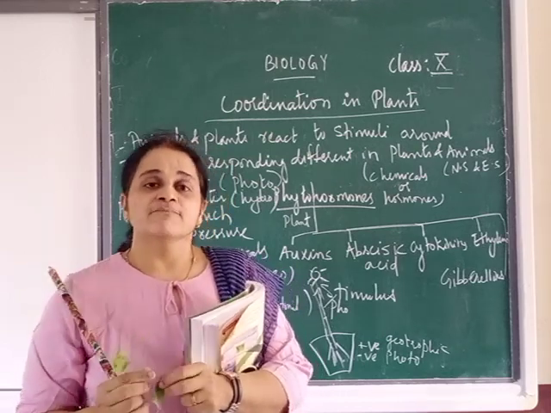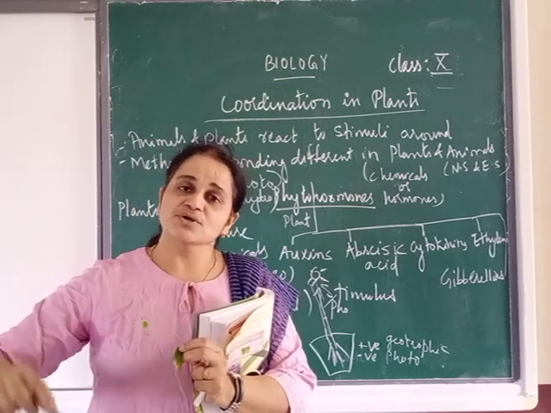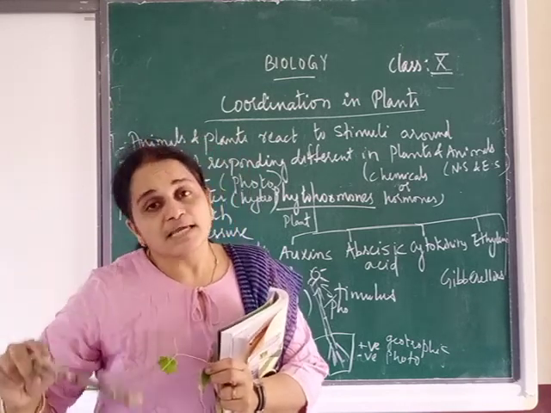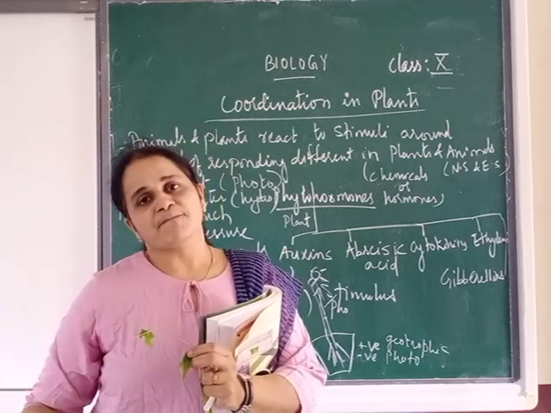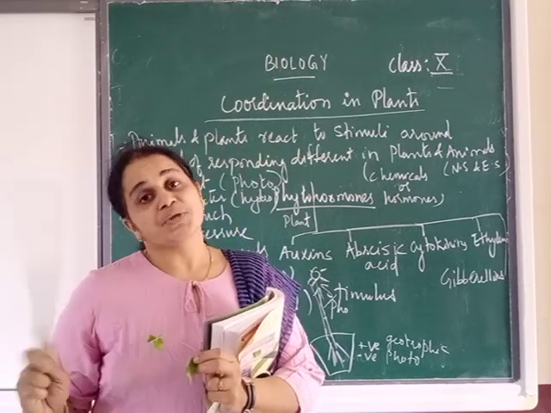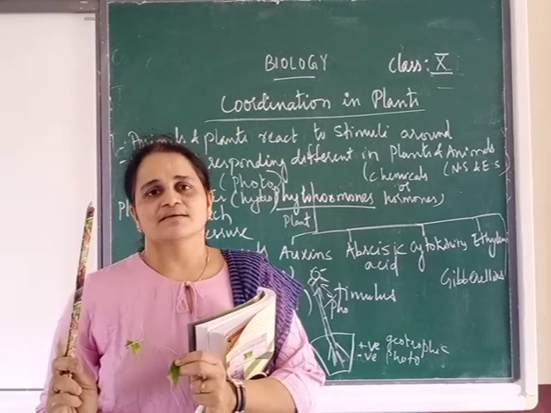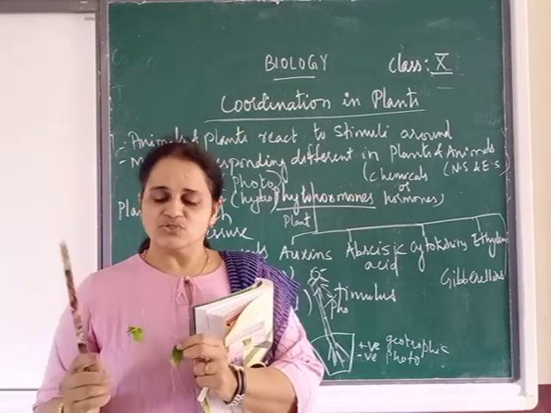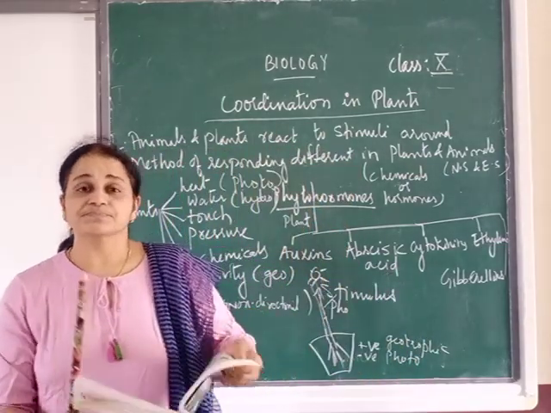So here the pollen tube is going in the direction of what? It is going in the direction of the chemical, that is the ovary. So chemotropic movement. Chemotropic is clear. Chemo, chemical. Thigmo, touch. Geo, gravity. Photo, light. So remember in that way.